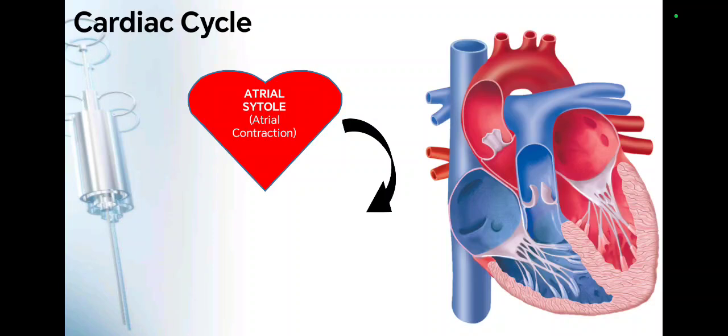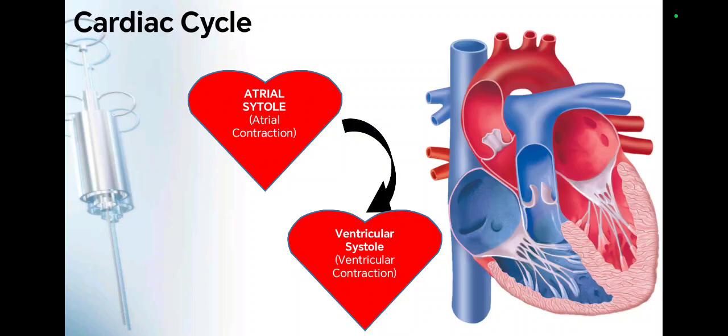So the right atrium is the one that receives the deoxygenated blood from the other parts of the body, while your left atrium receives the oxygenated blood from the lungs. After the atrial systole, we have your ventricular systole or the contraction of the ventricles.